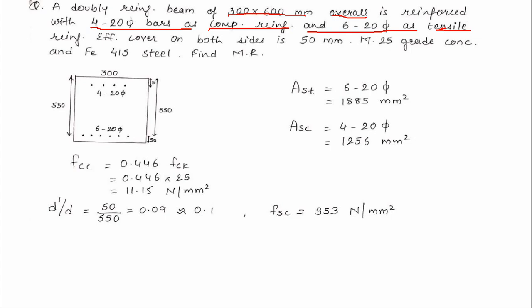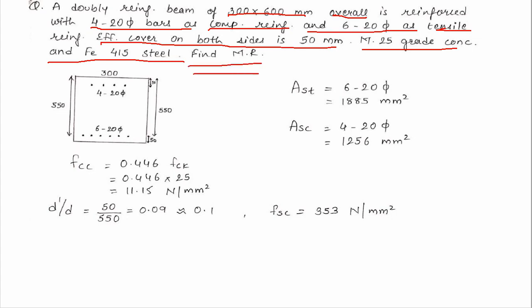So ASC and AST are given in the question, and it is given that the effective cover on both sides is 50, that means the top cover is to be taken as 50 mm as well as the bottom cover is also 50 mm. The grade of concrete is M25 and the grade of steel is Fe415.